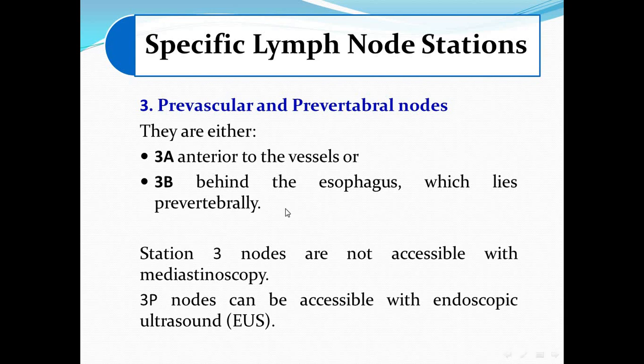Practically, we need to know that the lymph nodes of the 3rd station are not accessible by mediastinoscopy. But the 3P, which are the prevertebral lymph nodes, can be accessible by endoscopic ultrasound.